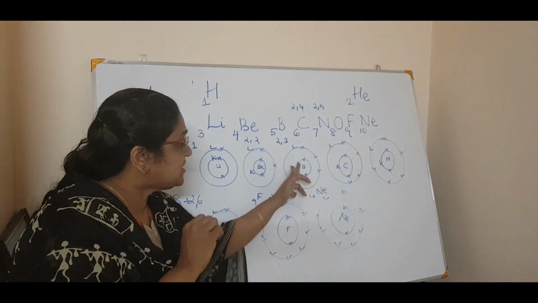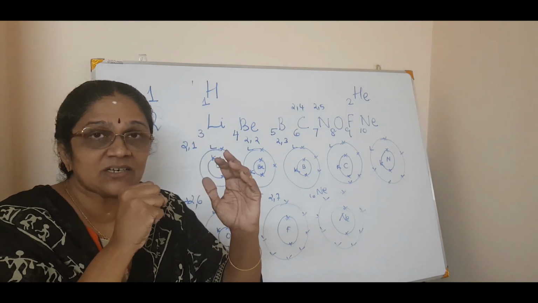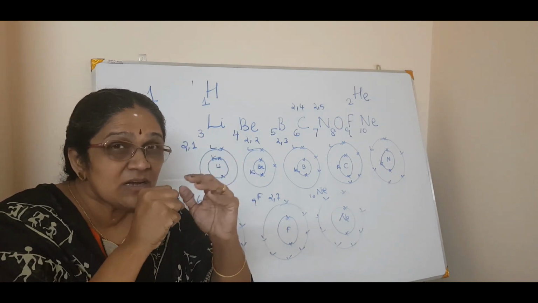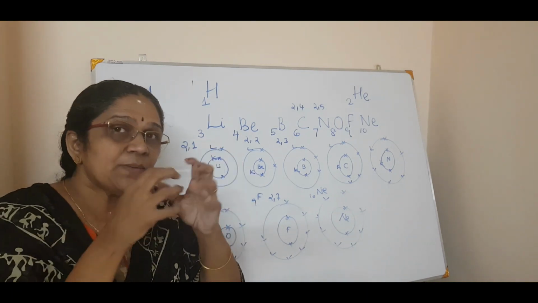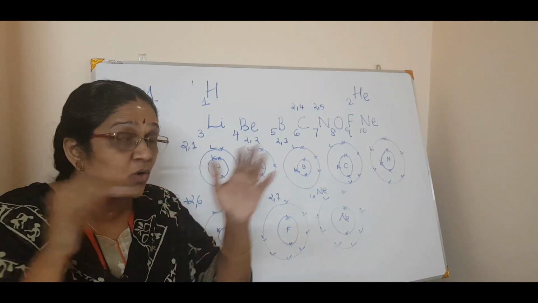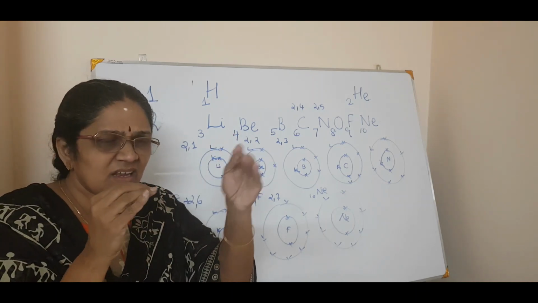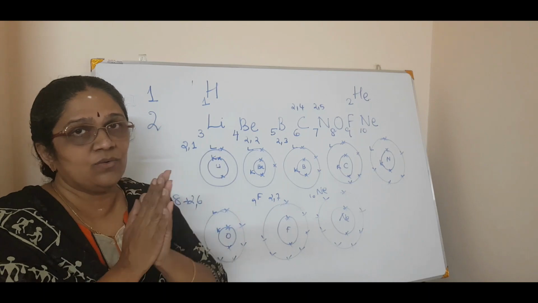So this is a positive nucleus, there are 3 electrons, so attraction becomes a little more. Attraction means coming closer, not so close, just a little closer, that's all.